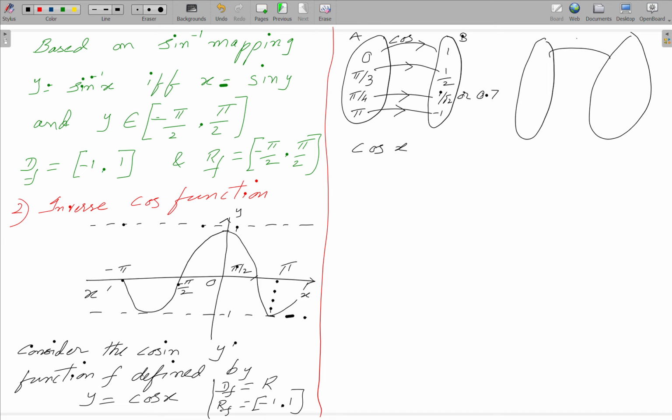Similarly, we draw the mapping for cos inverse. This is A and this is B. Now 1 becomes 0. 1 by 2 at the domain side becomes pi by 3. 1 by root 2 becomes pi by 4, and -1 becomes pi.